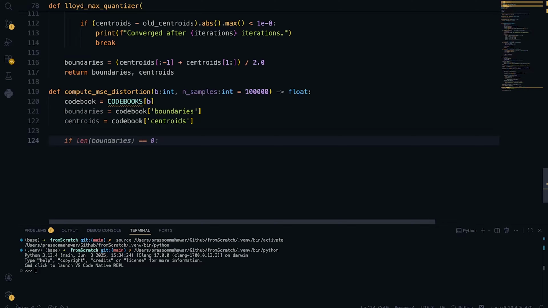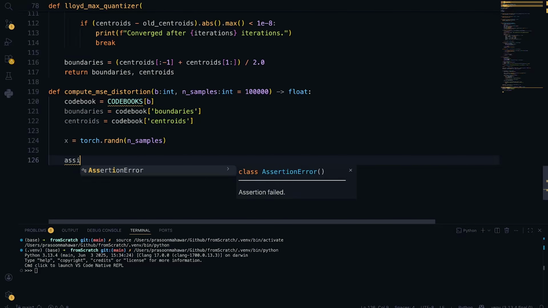Then we sample standard Gaussians: x equals torch.randn of n samples, and we quantize, like assign to the nearest centroid using boundaries, and boundaries partition the real line into n levels.